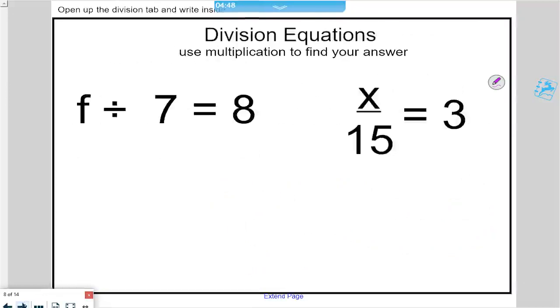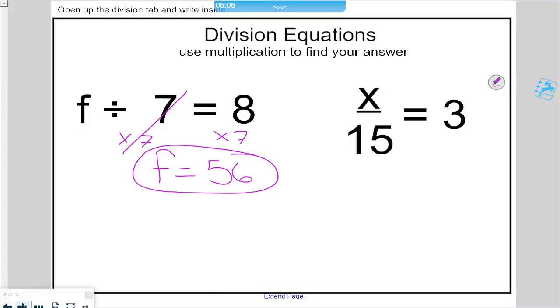All right, now for division, we're going to do the exact same thing, except we're going to use multiplication to solve it. So in this case, we have f divided by 7. What's the opposite of divide by 7? We're going to multiply by 7. F equals 8 times 7 is 56. So if we look here and we go 56 divided by 7, our answer is 8.